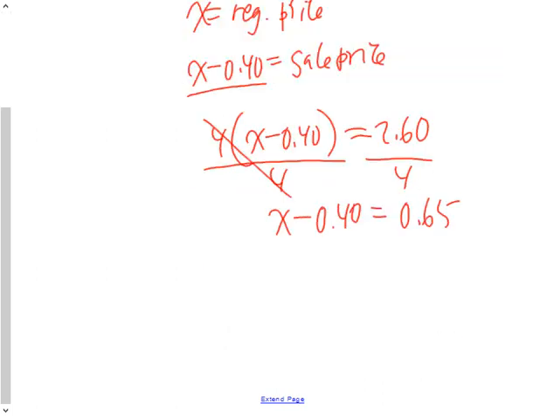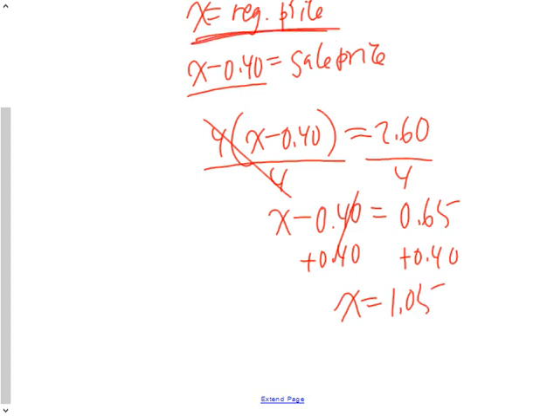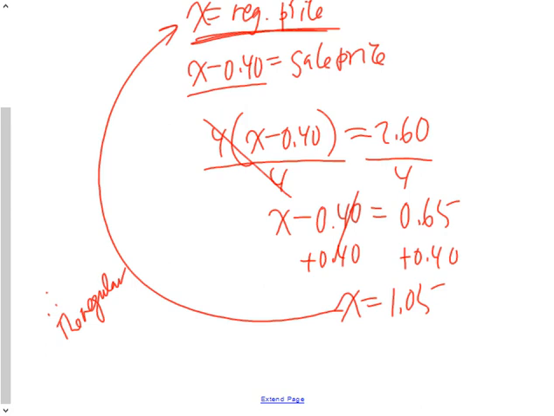But if I add the coupon price back on, I have x equals $1.05. Therefore, since x equals the regular price, the regular price is $1.05 each.